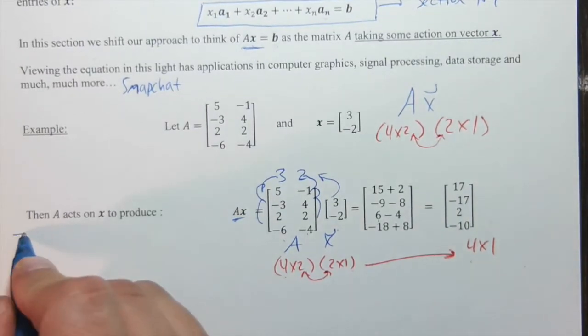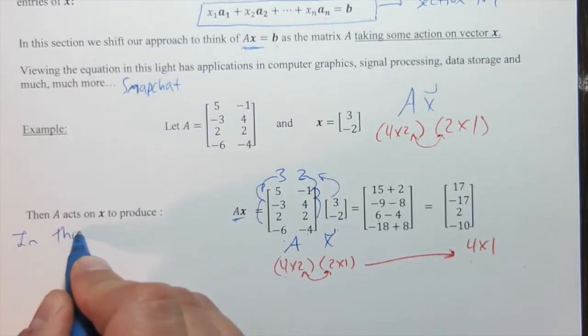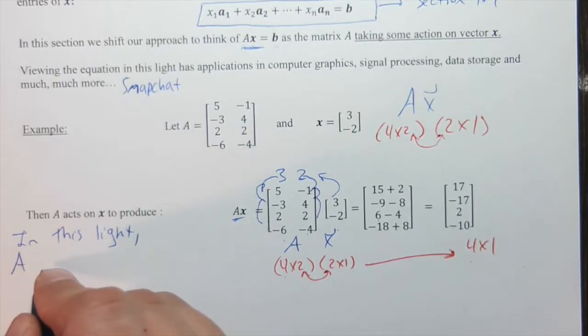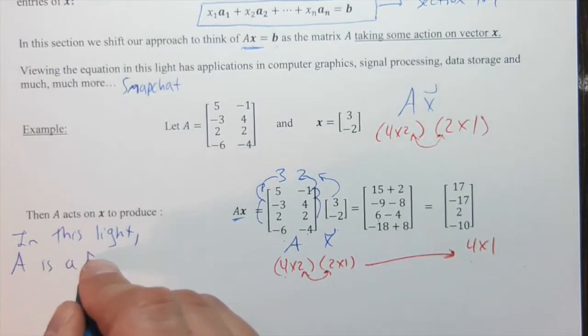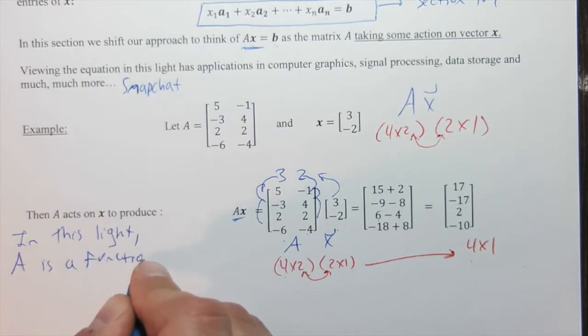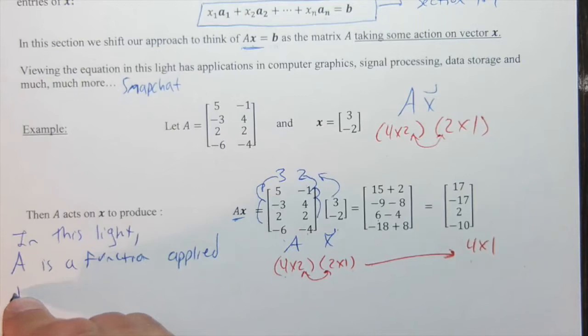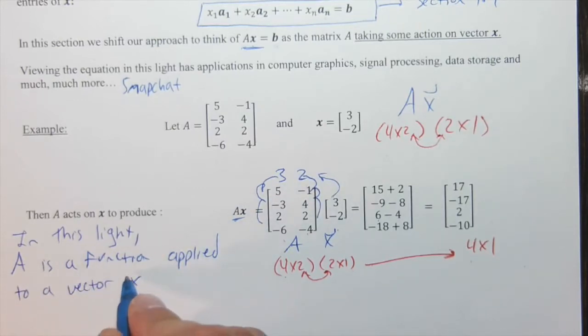So in this light, we can think about A being a function that was applied to vector x, and that particular vector was two-dimensional, right? And so we say x is in R2.